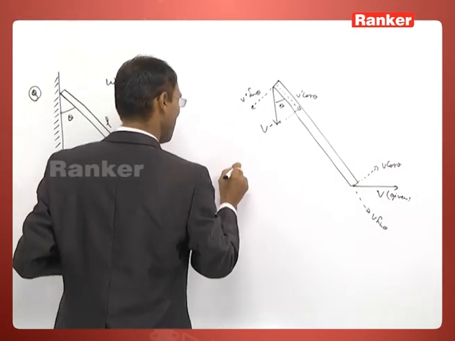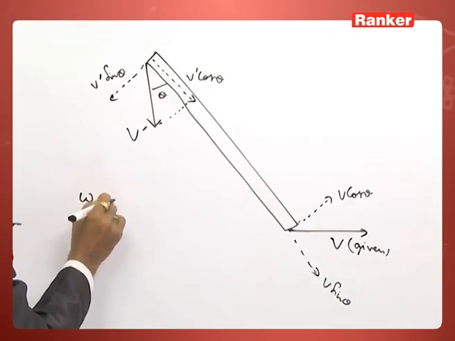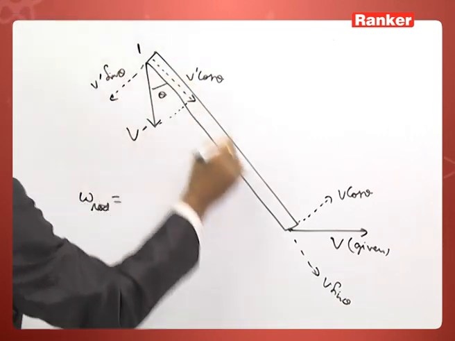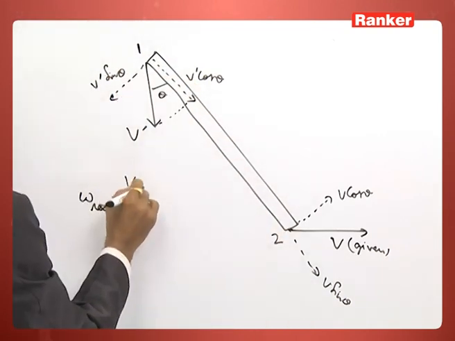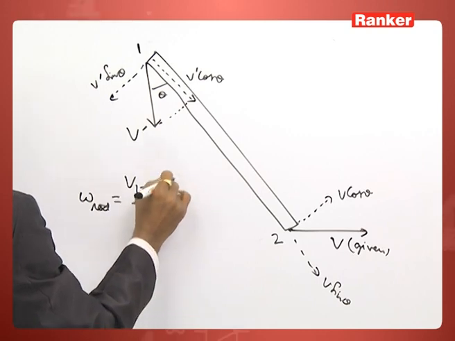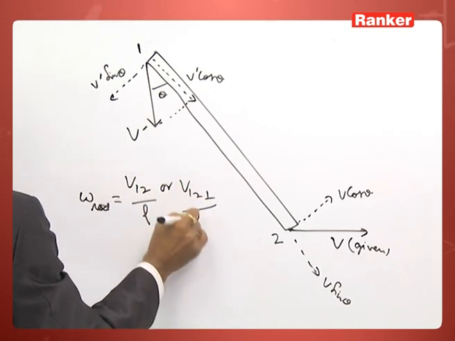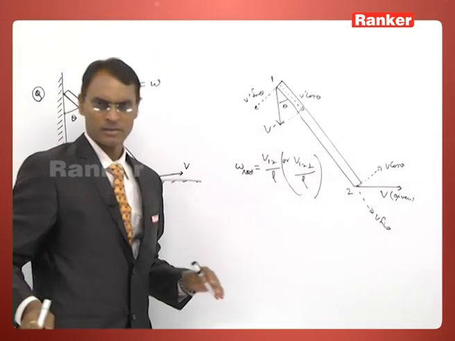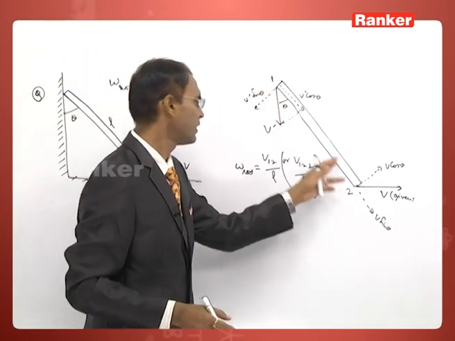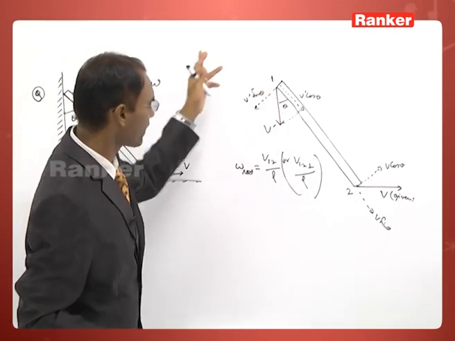Therefore, the angular velocity of the rod is equal to v12 by L, or v12 perpendicular by L, because there is no relative velocity along the rod or parallel to the rod.